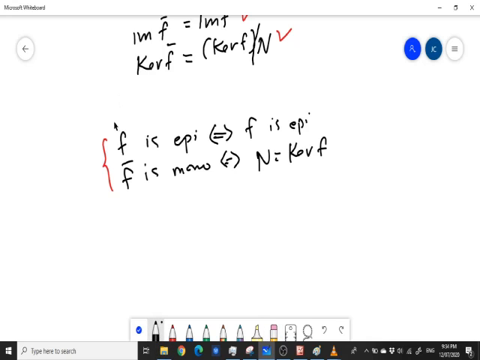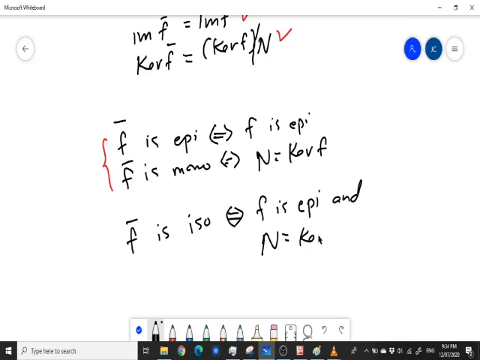So these two combined: when f bar is epi and mono, we say that f bar is an isomorphism if f is epi and n equals the kernel. The last statement you have to show, that's already shown.